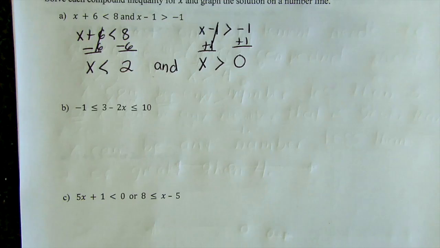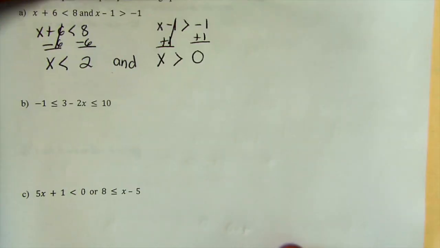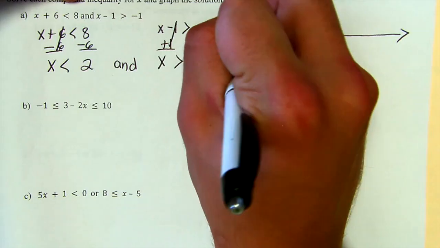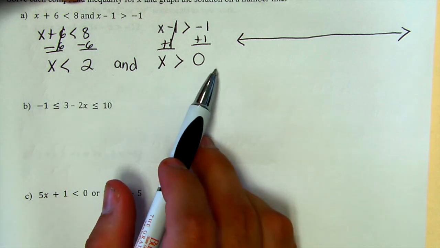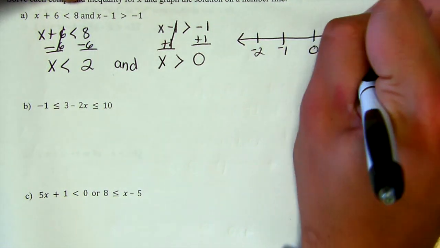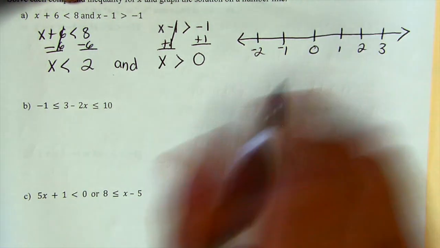Now they want us to graph this inequality on a number line. So over here I'll draw my number line. We know that we have 2 and 0 on it, so I'm just going to start with negative 2, negative 1, 0, 1, 2, 3.